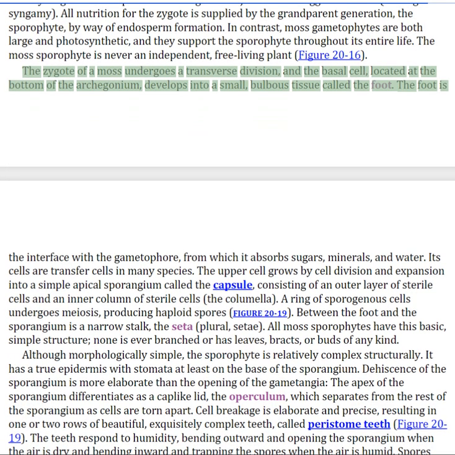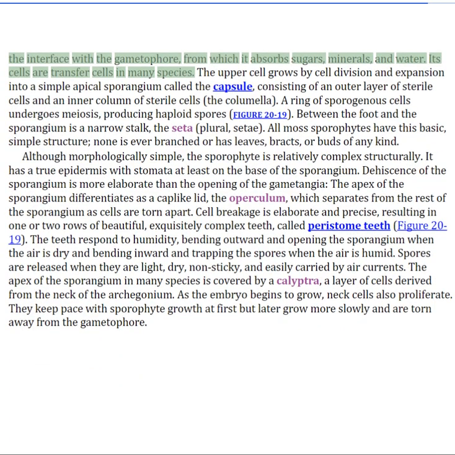The zygote of a moss undergoes a transverse division, and the basal cell, located at the bottom of the archegonium, develops into a small, bulbous tissue called the foot. The foot is the interface with the gametophore, from which it absorbs sugars, minerals, and water. Its cells are transfer cells in many species.